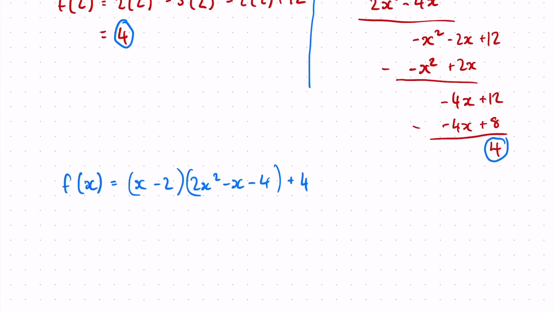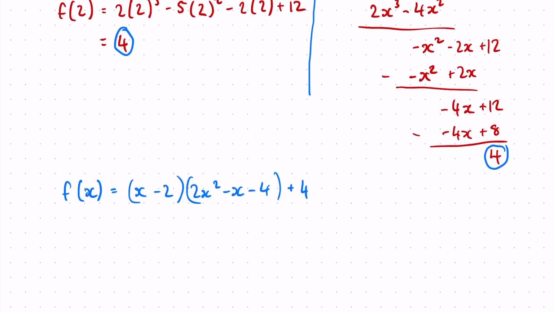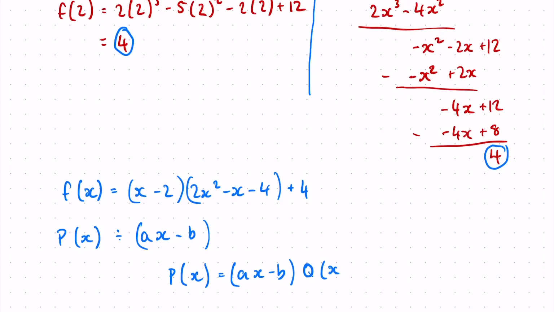But the general concept is that if you've got a function or a polynomial, p of x, and you divide it by ax minus b, it will look like p of x is equal to ax minus b times q of x plus r, so what we divided by, times the quotient that was provided, plus the remainder.